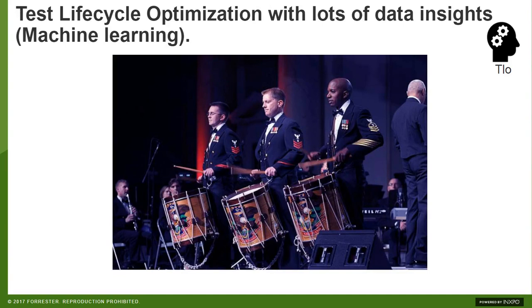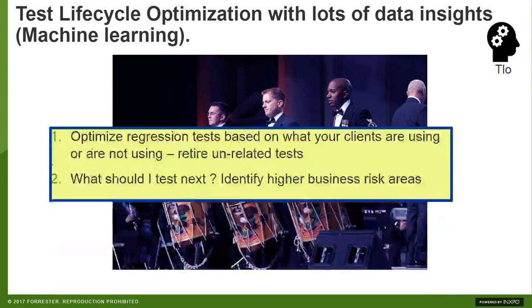The third use case is test lifecycle optimization. And this is, I think, one of the key augmentation areas for testing. There's a number of things that can be done. One use case I've bumped into is that you can use a lot of data in production to find out which features of an application customers are using.